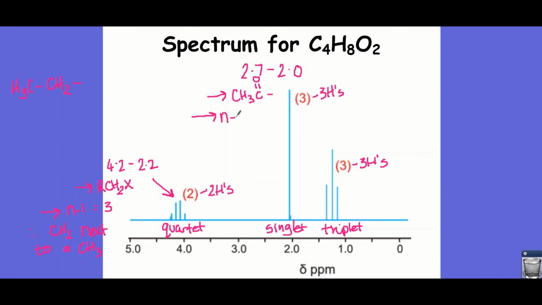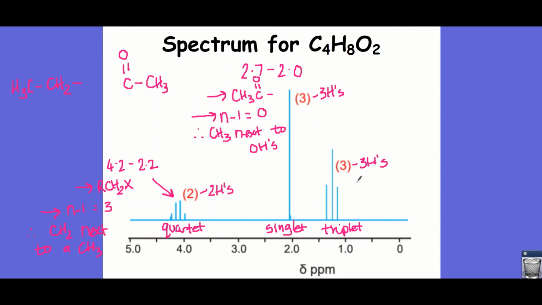The fact that it is a singlet tells me that it is probably a CH3 next to no hydrogens. I know that looks like an OH, but it's 0 hydrogens. So I've probably got a CH3 over here, next to a carbonyl group, but that could be a ketone, it could be an ester. I don't quite know what it is yet.